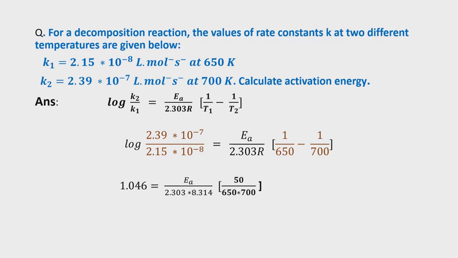This entire value is 1.046. It will be given in your exam, no need to worry. So Ea equals 2.303 into R value 8.314, into this value, 50 by 650 into 700. So after calculation you will get Ea.